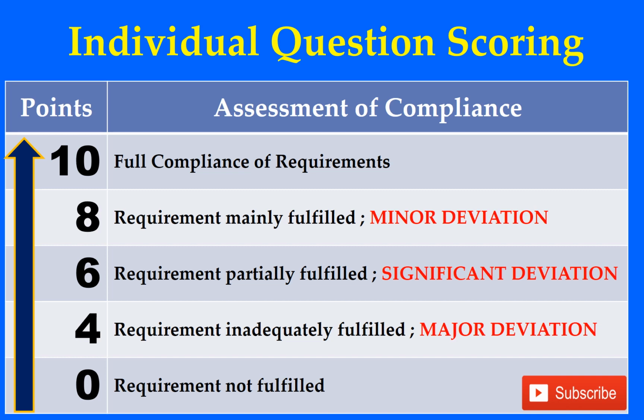If a process does not meet the requirement and has a significant impact, you allot a score of 4. And if the process is not at all capable, you allot a score of 0. So this is how the scoring of the individual questions is done with reference to the table given in the standard.